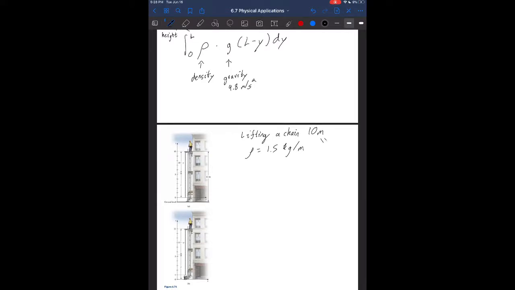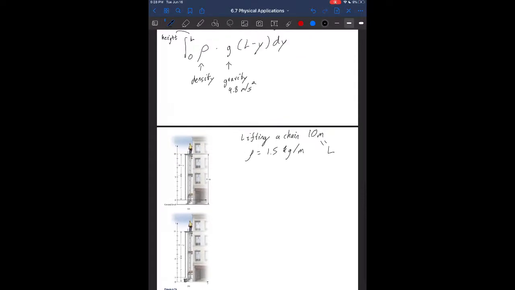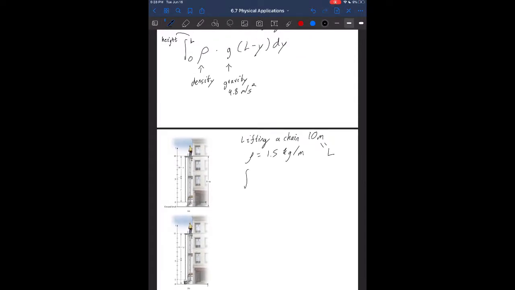So this 10 is going to be our L, and so, just plugging everything into this formula, the integral from 0 to L becomes the integral from 0 to 10 of 1.5 times 9.8 times (10 minus y) dy.